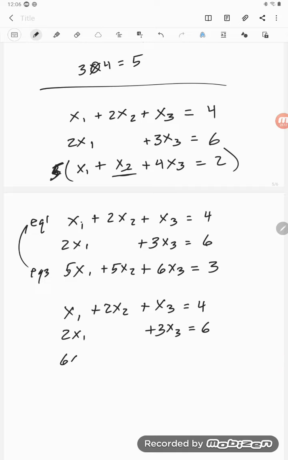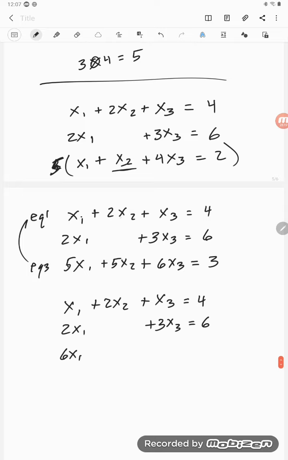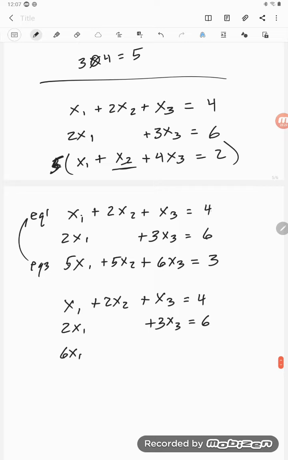Oops, 6x1. Now I get 7x2, but that's 0. And then I get 7x3, which is also a 0. And wow, I get 7 here. I didn't try to do that. I just made up some numbers. But I get 0. And so that tells me x1 equals 0.